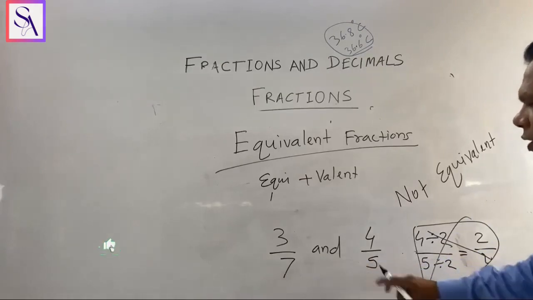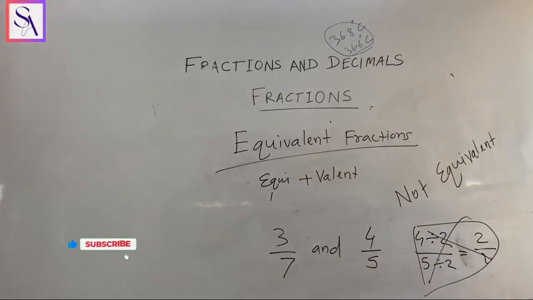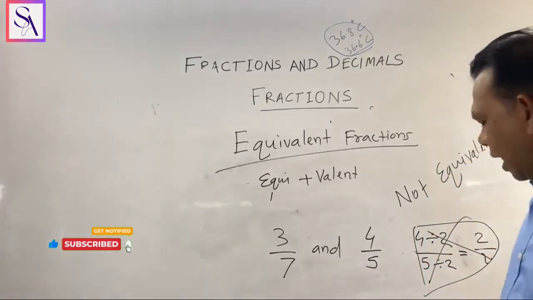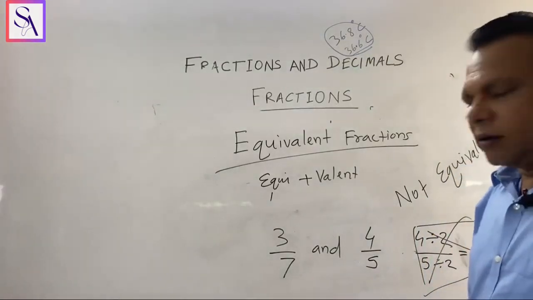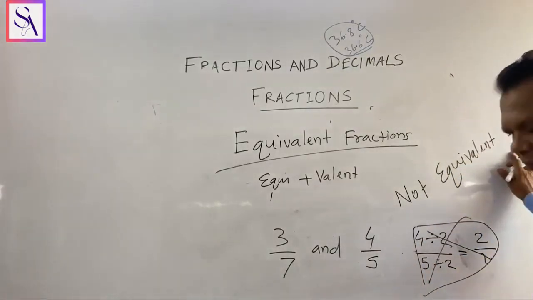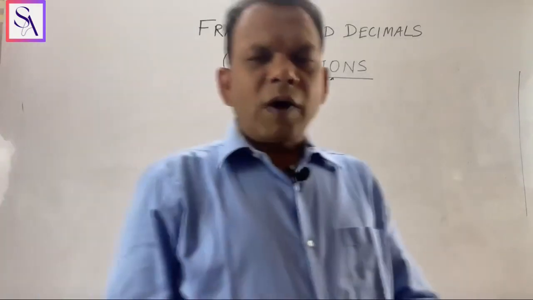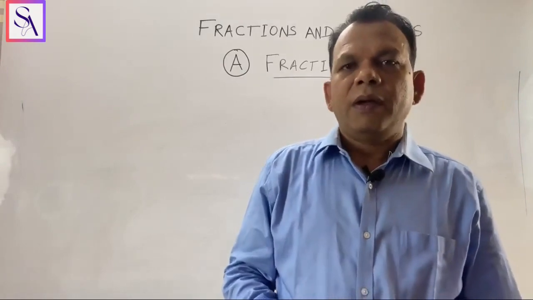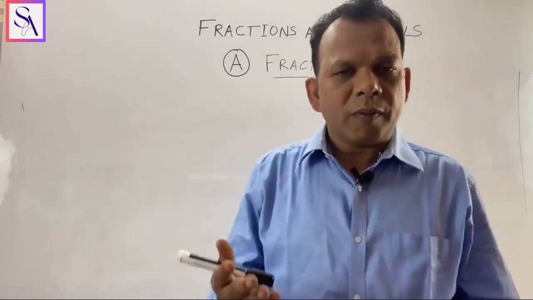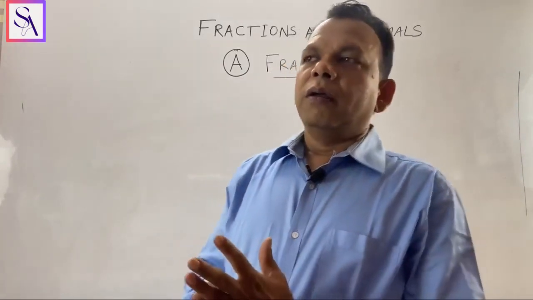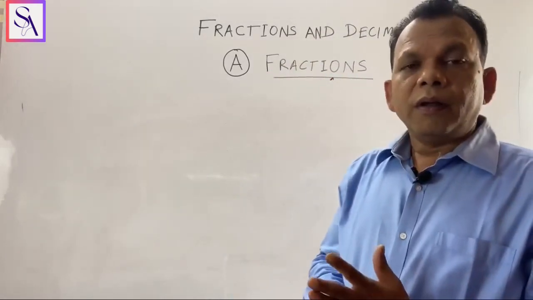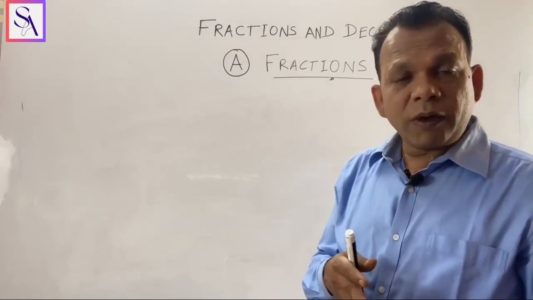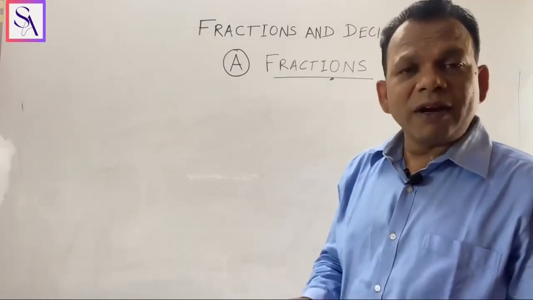So when fractions come equivalent, you write that these are equivalent, and when they do not come equivalent, you can write not equivalent. Clear? So far we have seen different types of fractions: proper fraction, improper fraction, mixed fraction. What are like and unlike fractions? What is equivalent fraction? What is non-equivalent fraction?